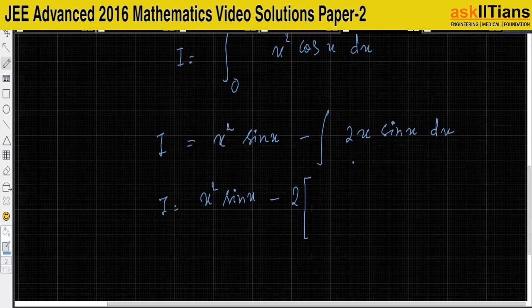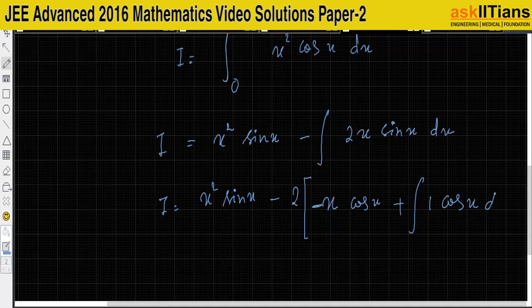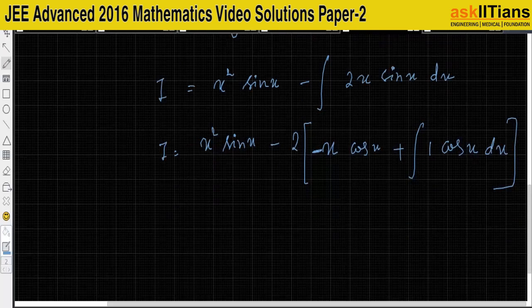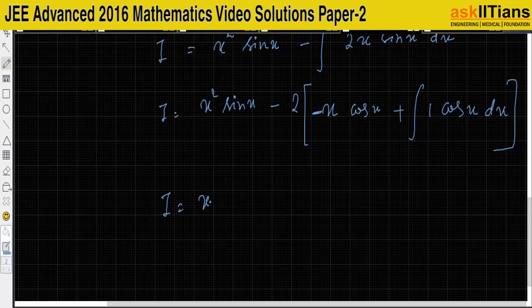So I'll take this as the first function into integration of second, so minus cos x, minus plus differentiation of x, integration of sin x is minus cos x, so this will become plus, and dx. I'll get this, right?